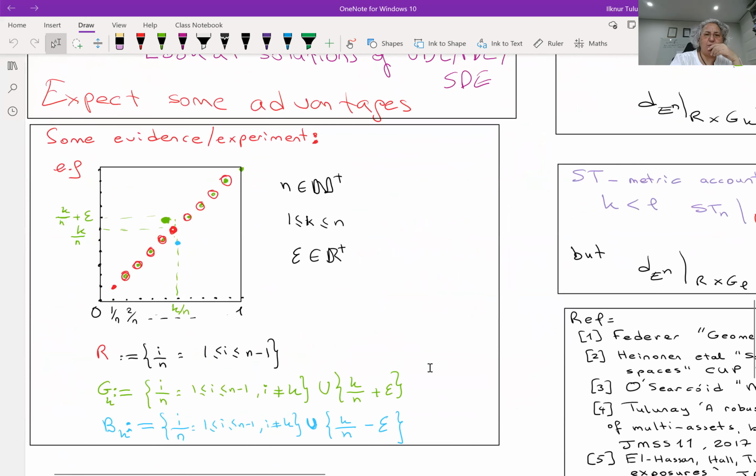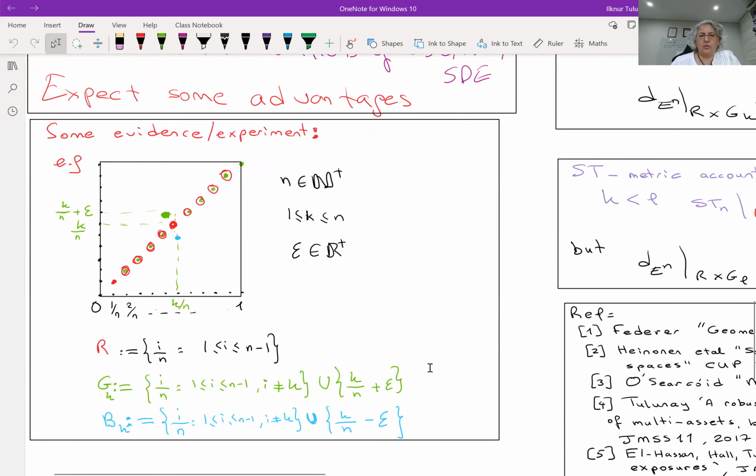Here is the experiment, or here's a little example. So this is a unit square. We have the diagonal points, which I denoted in red: 1 over n, 1 over n, then 2 over n, 2 over n, and so on. And G_k, the green ones, is again all of the diagonal points except at the point k over n, where I'm adding epsilon.